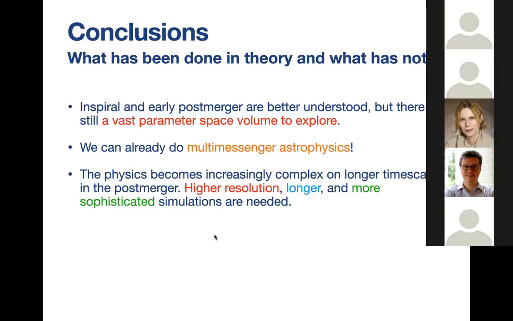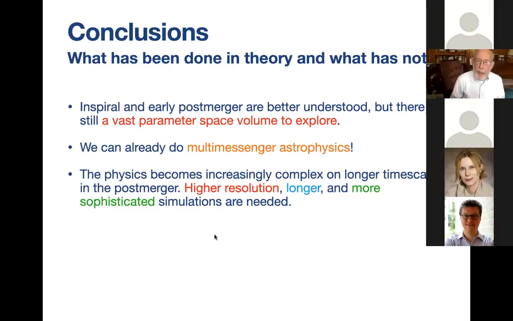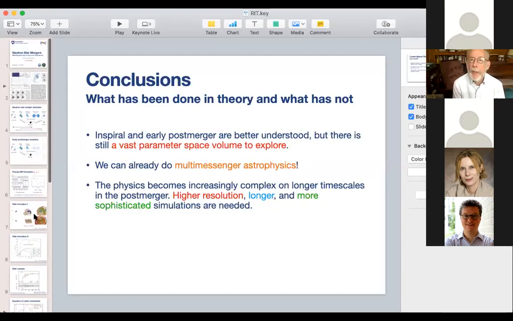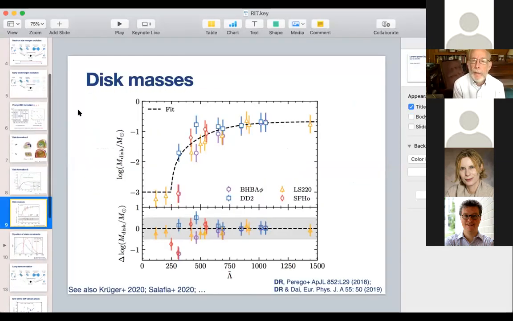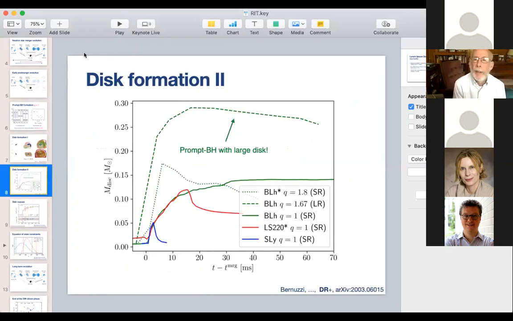So Julian, your question now. Okay. It was an exceptionally clear, organized talk, and I appreciated it. I'd like to go back to the slide where you showed the disk mass for a couple of examples of mass ratio and equation of state. This one? No, I think maybe the one before. Yes, that's the one. Right.